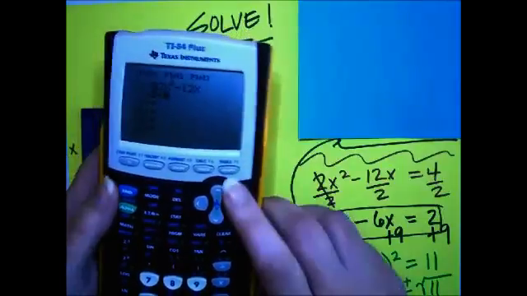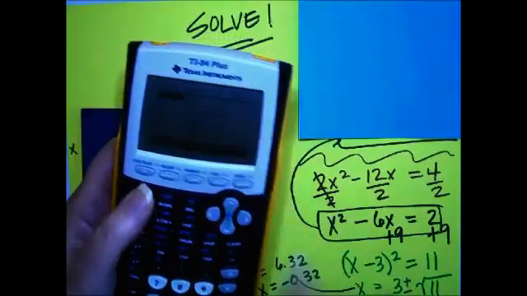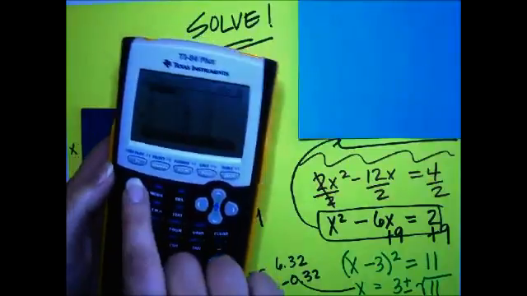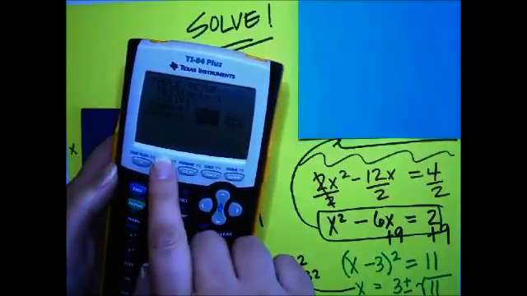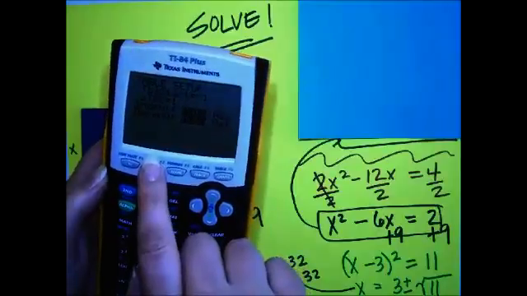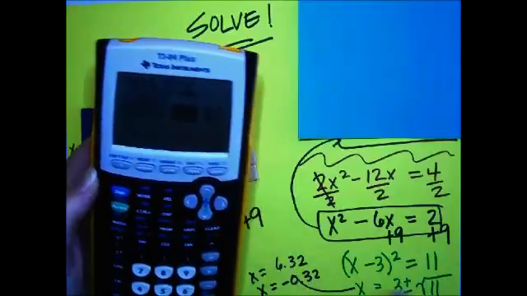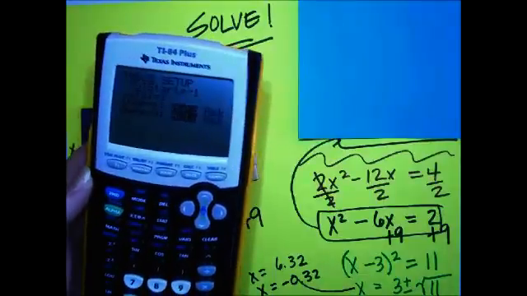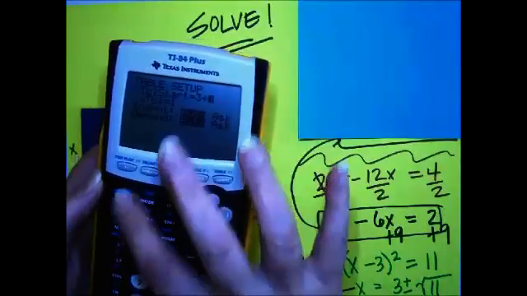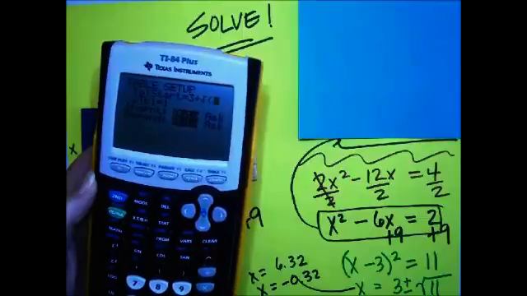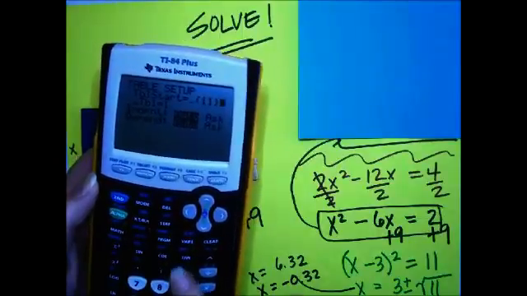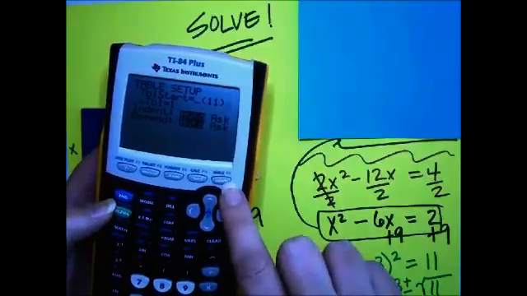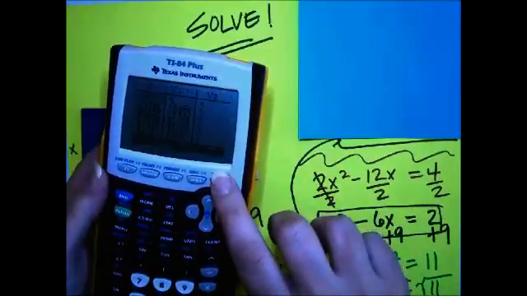Now currently my table doesn't have all these square roots in it. So remember, we can do second table set, and I'm just going to tell it to go straight to 3 plus the square root of 11. I'm going to hit second and then table so I can go back and look at my table.